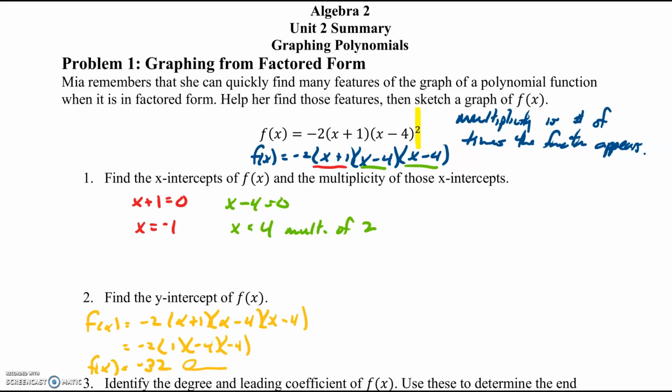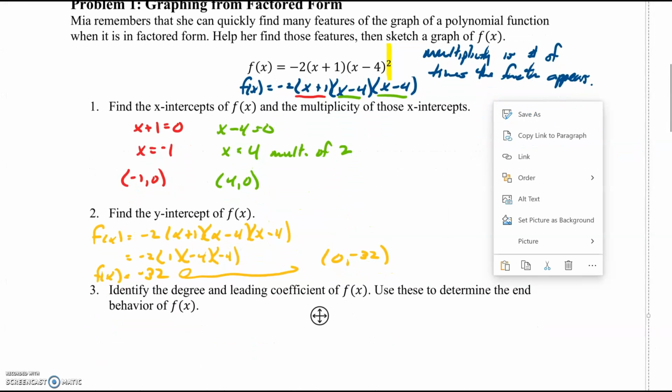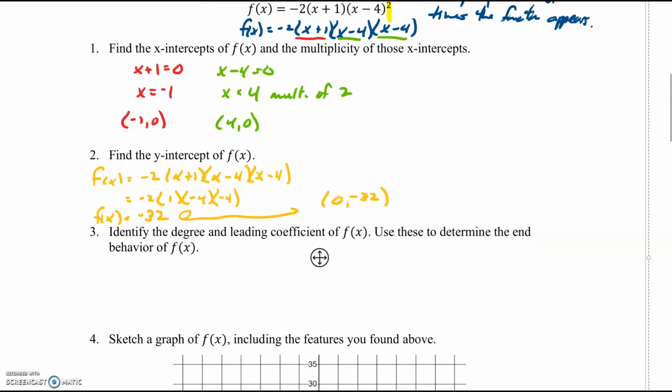If you want to write it as a point, it is the point (0, negative 32). If we wanted to write these x-intercepts as points, obviously (negative 1, 0) and (4, 0).